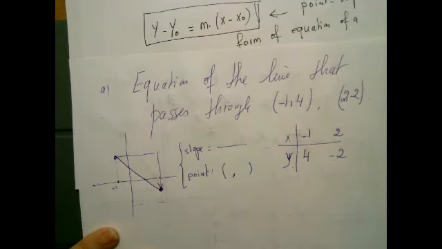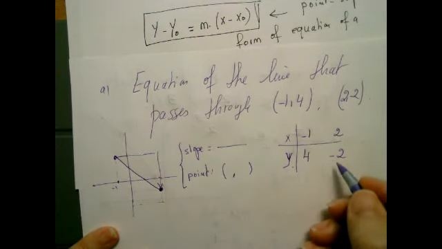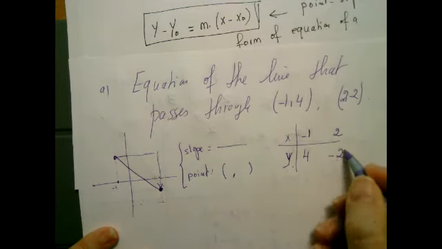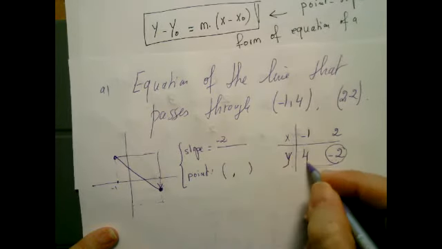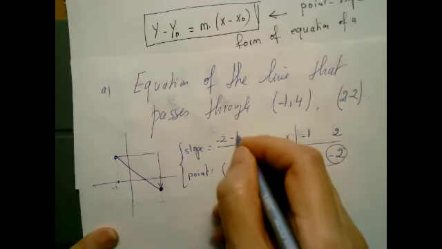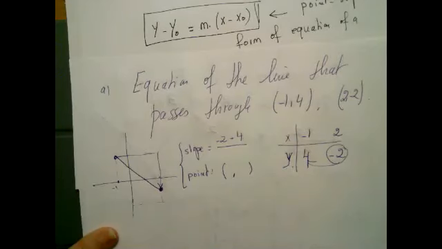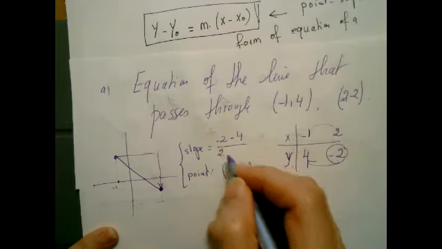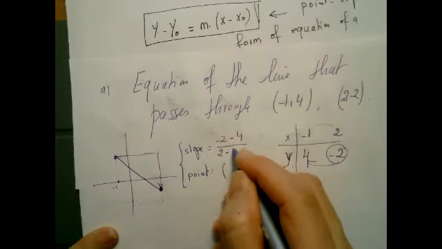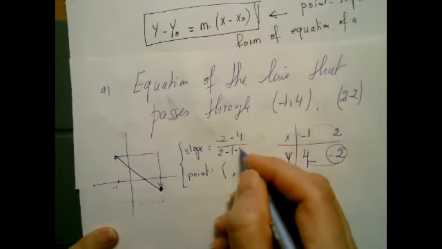Okay. What's the slope? What did we get for the slope? So the slope is minus 2 minus 4, that's the change in y, divided by the change in x. But by how much does x change? It's 2 minus, be very careful, minus 1.